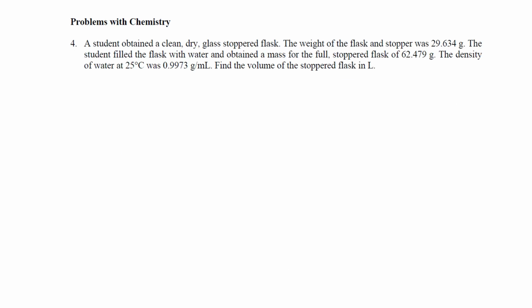Now let's go on to the chemistry problems. These are more like what you'd have on a test or in lab. All right, so a student obtained a clean, dry glass stoppered flask. The weight of the flask and stopper was 29.634 grams. I think this is from the lab experiment 1 if you've done that.